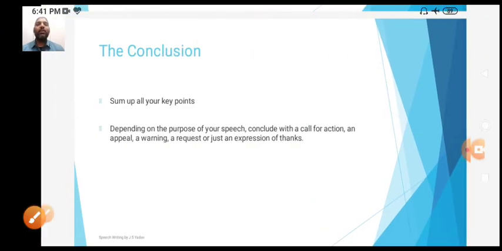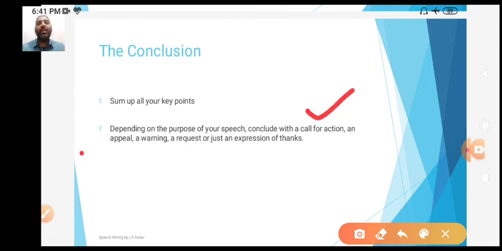Next is the conclusion. Conclusion means to sum up your speech, how to end your speech. If some social issue is there, no doubt, if you want some action, okay, so call for an action, call for an appeal, or a warning or a request.